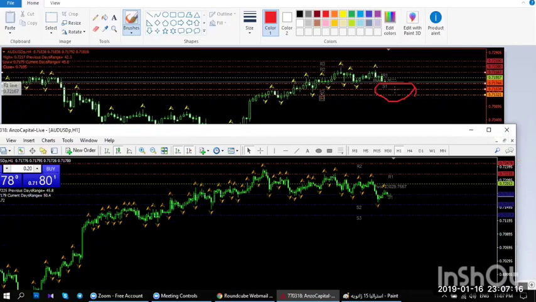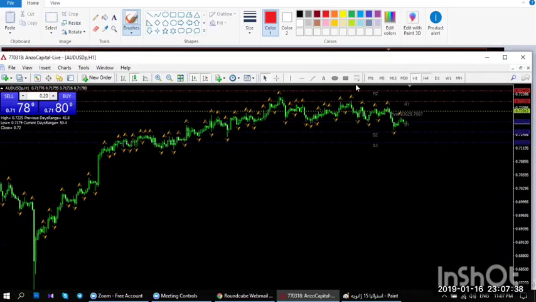And I told you this, that if these three lines haven't been broken and there's no tie in them, it means that the trend is going to break these three here, the three lines that are in the bottom.